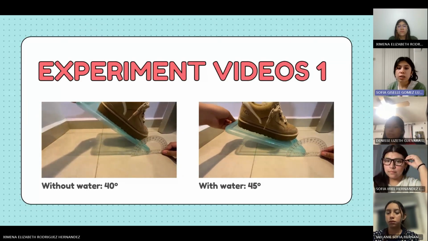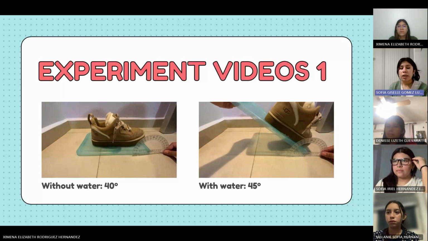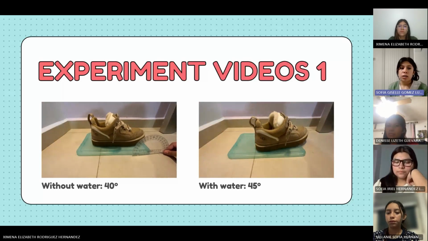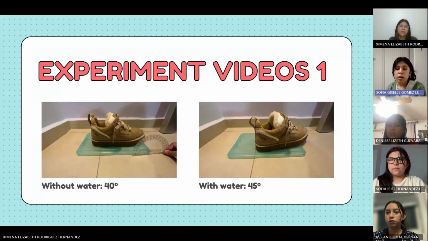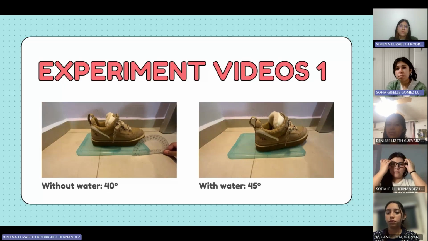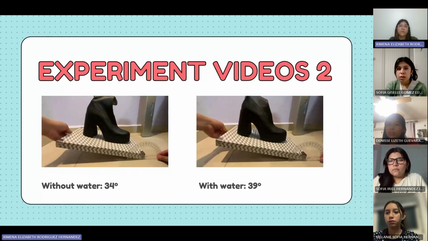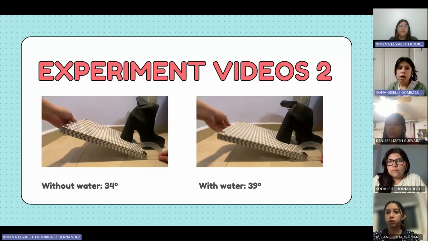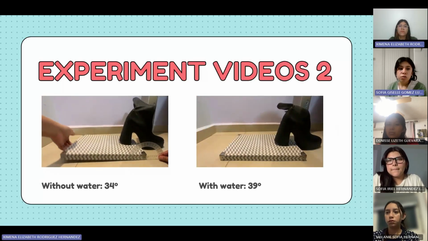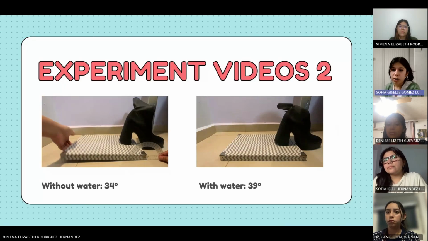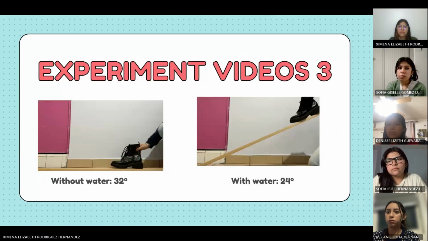Here is the first experiment with hiking shoes. On a dry surface without water, it slides at 40 degrees, and with water at 45 degrees. The second one is with high heel boots: dry it slides at 34 degrees, and with water at 29 degrees.